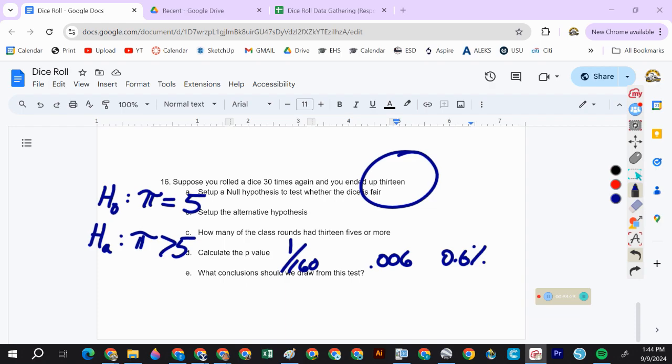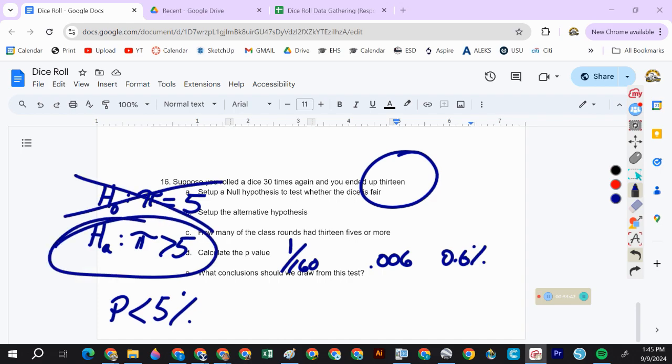Okay? So what do we conclude? We reject the null. Our P was less than 5%, which means we reject the null and we accept the alternative.